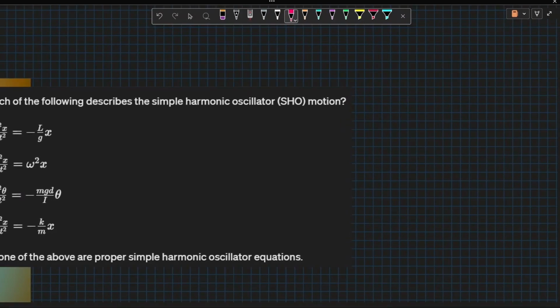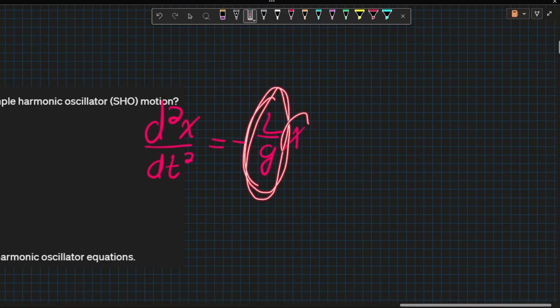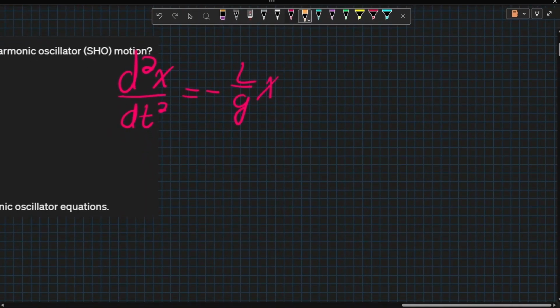For our first option, we have d squared x over dt squared is equal to negative L over G. In this option, we have an L over G term times some positional spatial variable x. This tells us that it is similar to the pendulum.